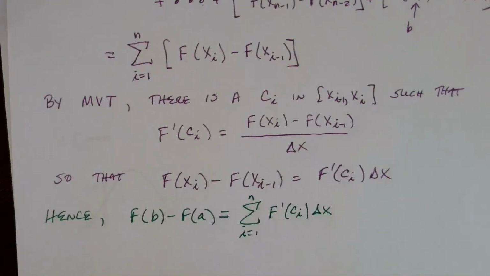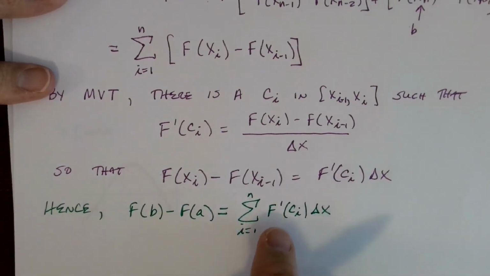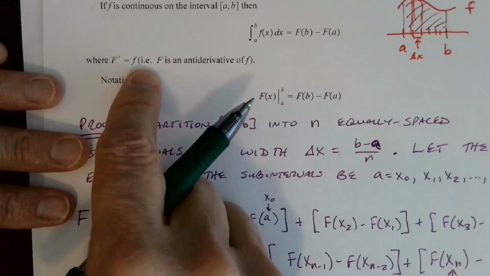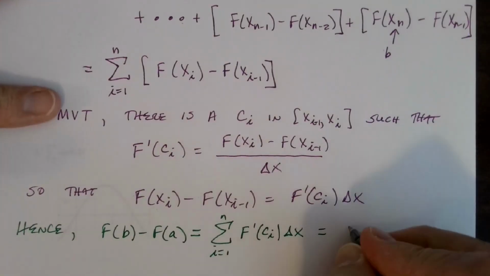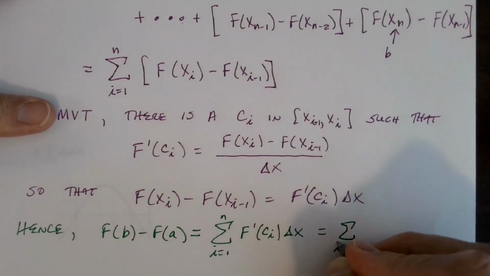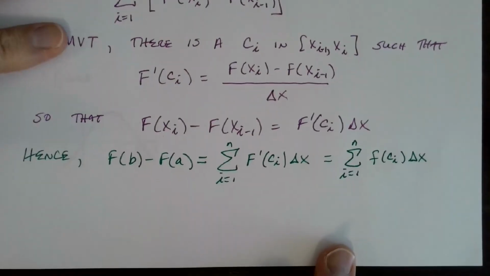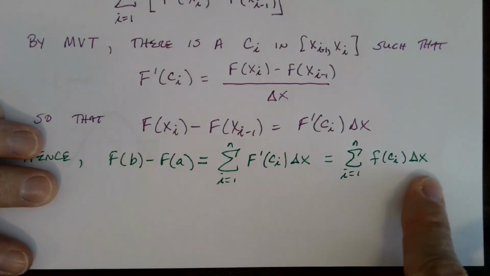Now, what is F prime of c sub i? Remember, capital F was the antiderivative. Capital F prime is little f. So this is nothing more than the summation i equals 1 to n of f of c sub i delta x. And now, look at this. What is this summation?